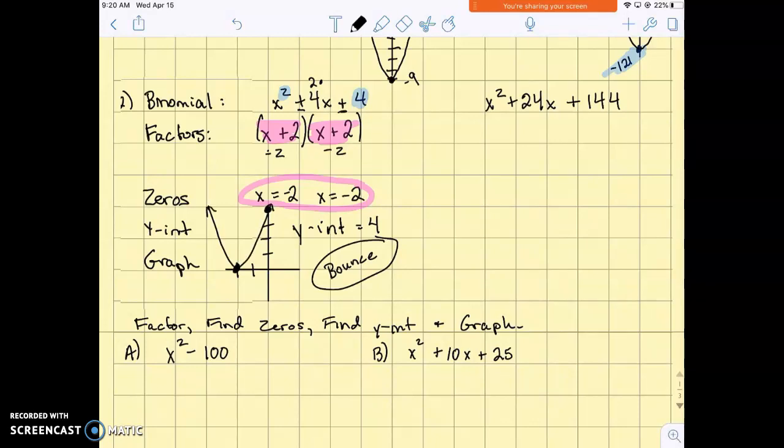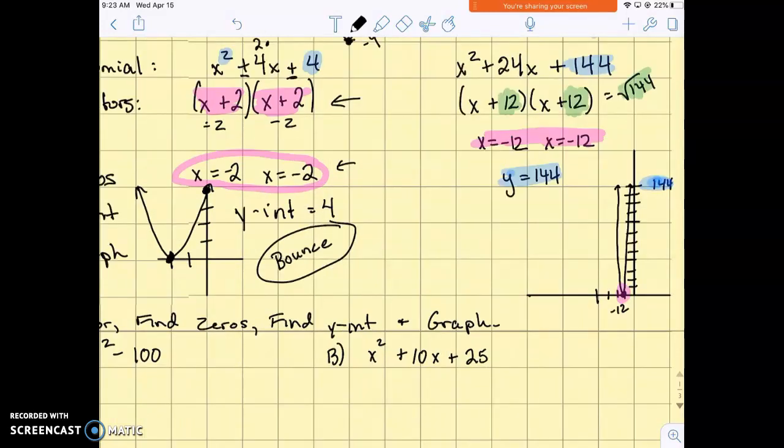Is that always going to happen with this kind of special product? Yep, it surely is. So we had a perfect square at the beginning, we had a perfect square at the end, we factored, we found our zeros, and we noticed that the zeros are the same. And because the zeros are the same, we're going to bounce. Go ahead and try the next problem, and then come back and get the answer.